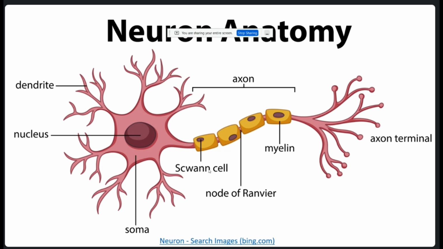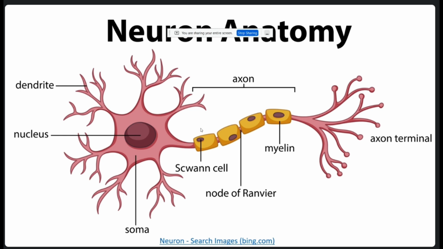A number of supporting cells exist in our human brain. For example, the glia cell, the astrocyte is a part of the glia cell, the oligodendrocyte, and a number of Schwann cells are there. They are supporting the neuron. So first we talk about the neuron.